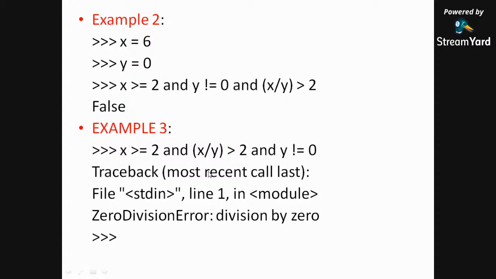So the best way is to test that the denominator is not equal to 0 before the division operator. Example 2 is the best way of writing the expression, and this y not equal to 0 is called the guardian pattern. You can introduce such a guardian pattern so that your program won't display such error messages.